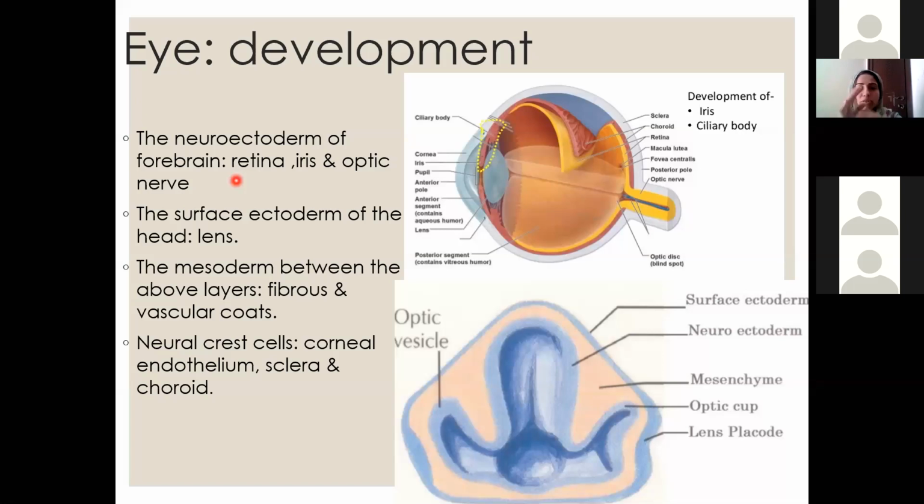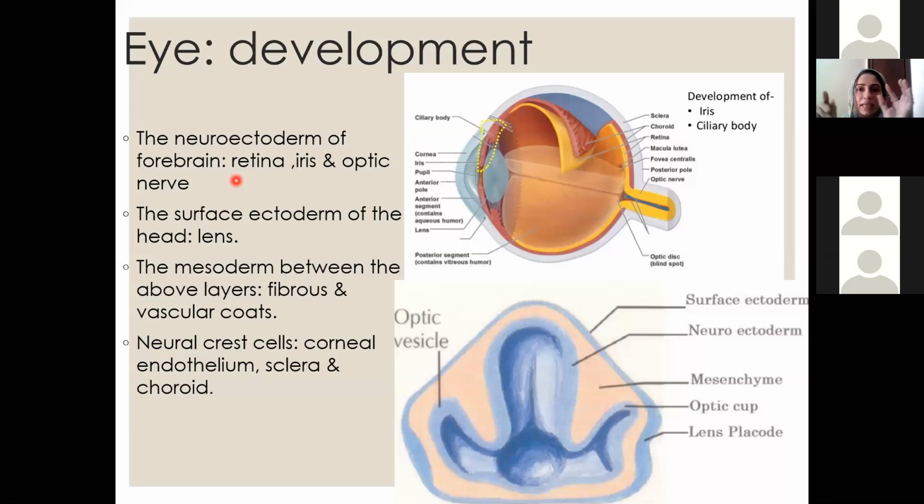When it is closed, it starts dividing into the primary brain vesicles, prosencephalon, mesencephalon and rhombencephalon. Then these three divide into the secondary brain vesicles. The prosencephalon will divide into telencephalon and diencephalon. The diencephalon is the structure which will give rise to these eyes.